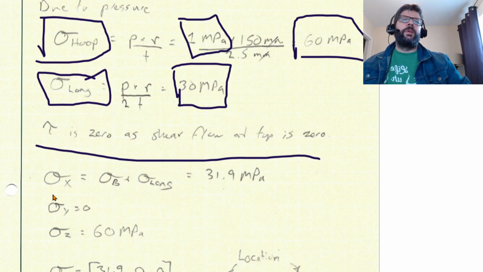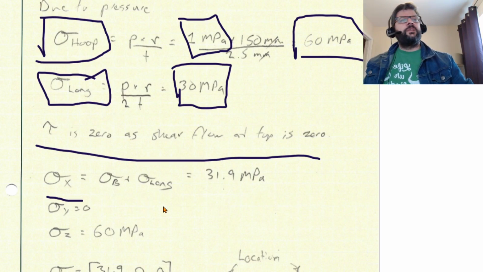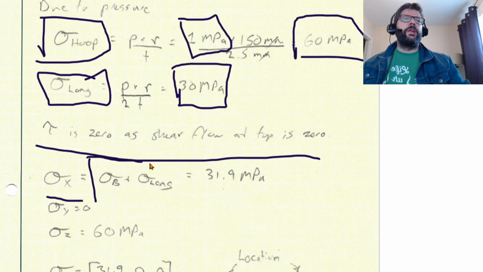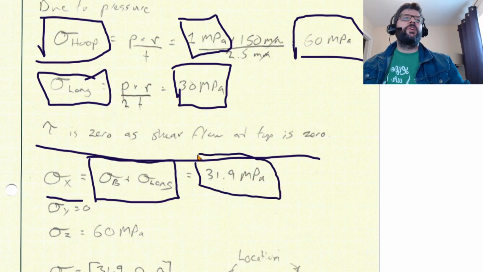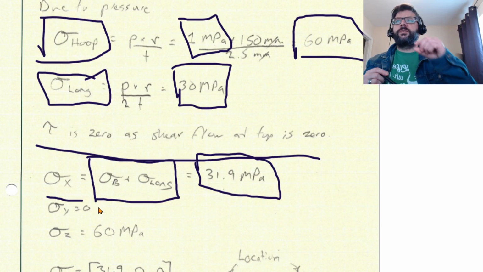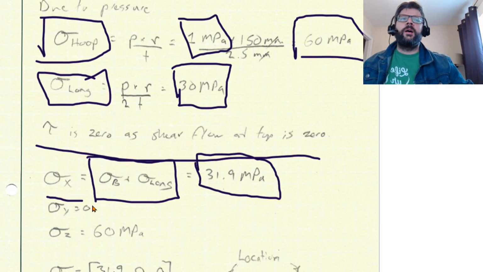So again, just based upon the coordinate systems we defined at the beginning, our stress in the x direction is equal to the combination of the bending stress and the longitudinal, so that'll be 31.9 MPa. We're not going to have any through thickness stresses induced, so that'll be 0.